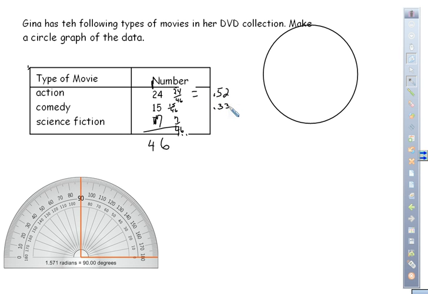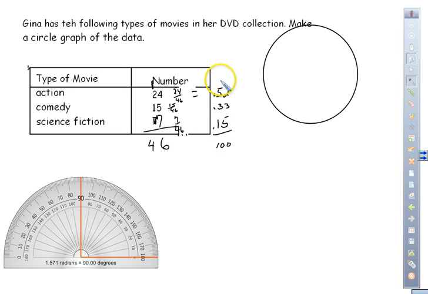And then 7 divided by 46, and that's going to give me 15%, 0.15. Now when I add these together, 52 plus 33 plus 15, you'll see that they add up to 100%. Sometimes it will be off by maybe 1% or so on the high end or the low end. That is okay because we're rounding. But that does add up to 100%.